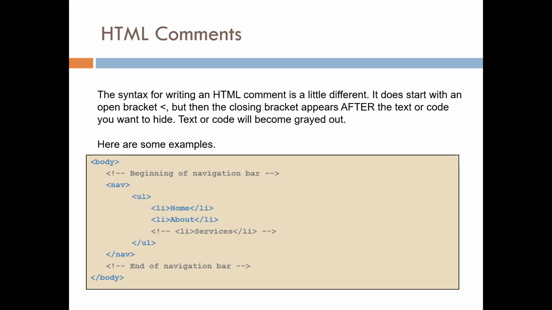Then after the event was over, I went back and added comments around the code so that it was ignored. So the browser didn't show that anymore. But the next year, when they had the event again, all of that code was still there. It just wasn't being displayed. So all I did was remove the comments, and then I didn't have to write the code over again.